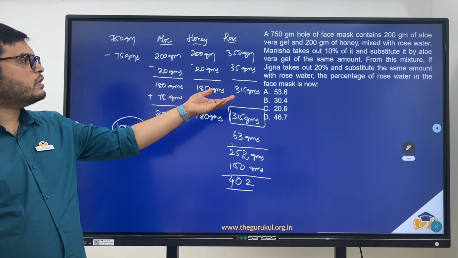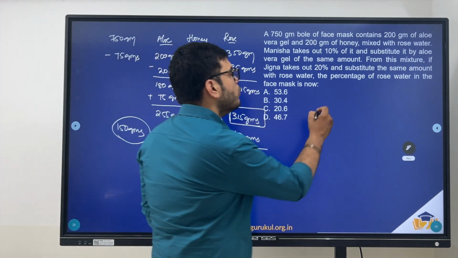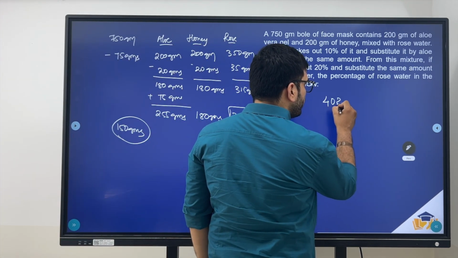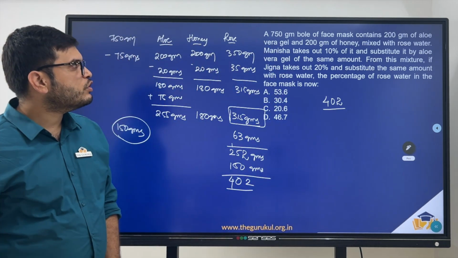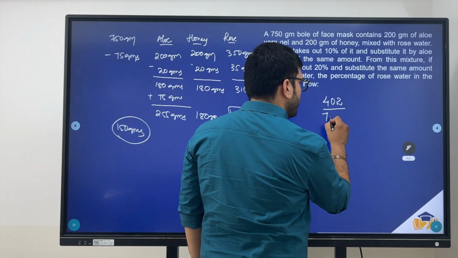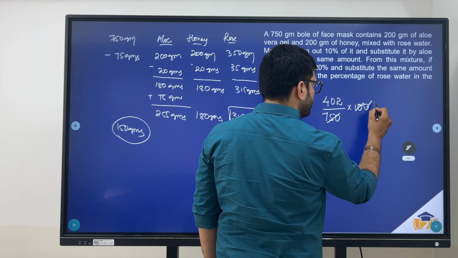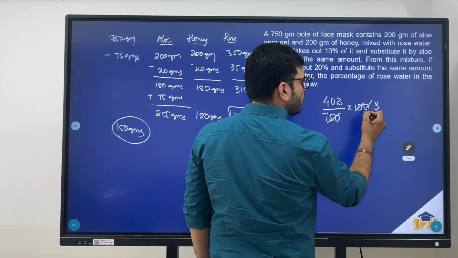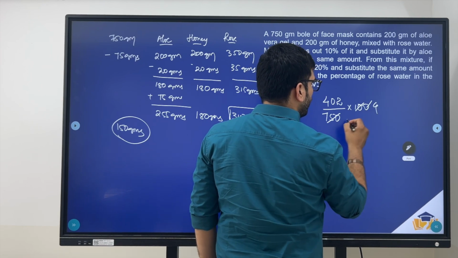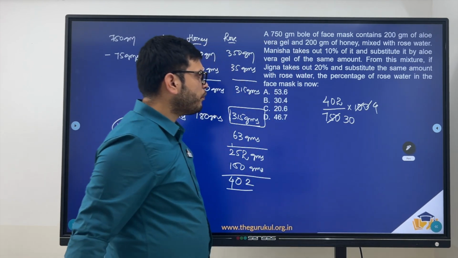Now what was asked? We are asked to find the percentage of rose water in the face mask now. So 402 was the amount in how much? 750 grams. So 402 by 750 into 100. So this is nothing but 402 into 4 by 30, right?